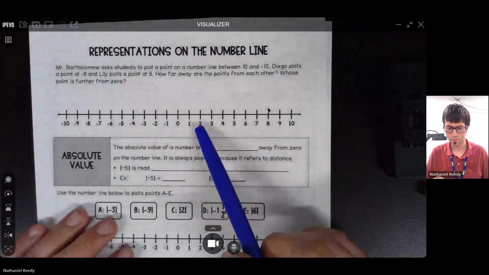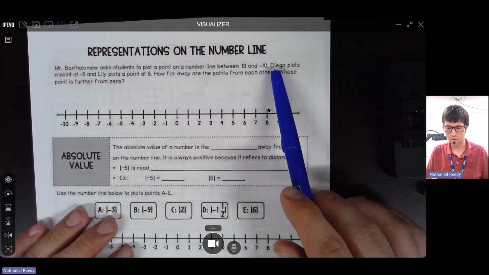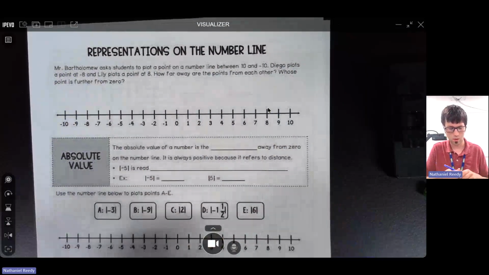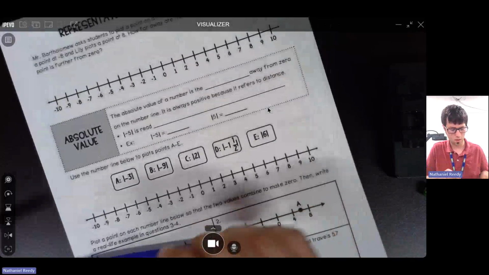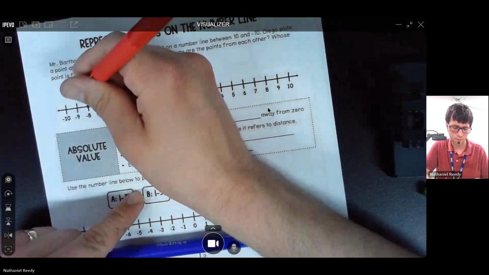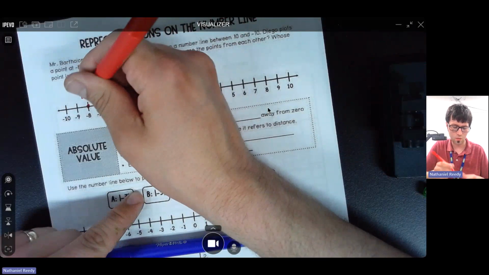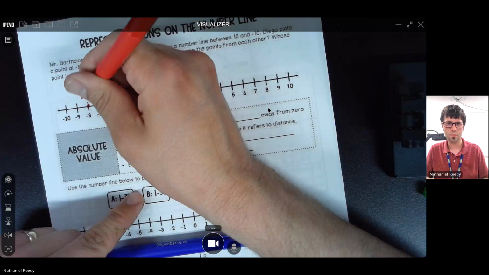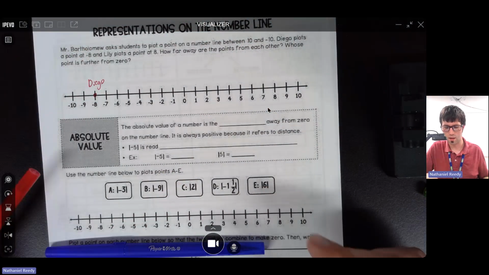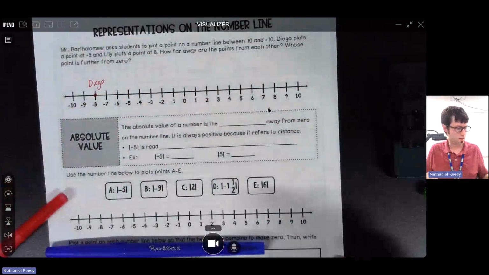So it says Diego plots a point at -8. So this is going to be Diego's point. Diego. And then Lily plots a point at 8.